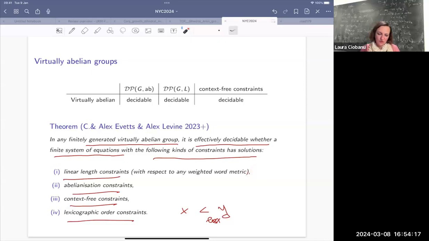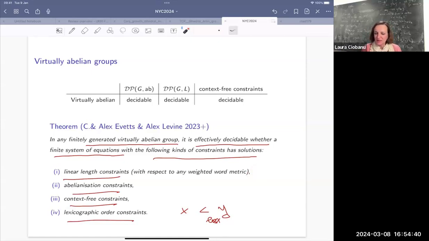It's for those of you who know a bit about growth. So virtually abelian groups have rational growth with respect to any generating set. And this is a work of Benson from the 80s. So it's great that you have a rational series, but Benson doesn't say how to construct that series. Is there even an algorithm?